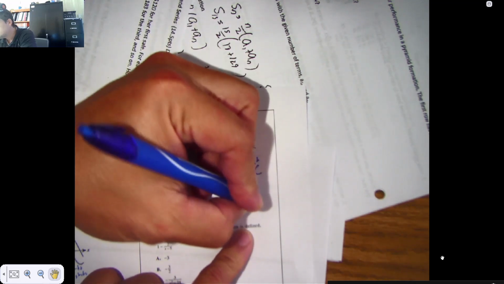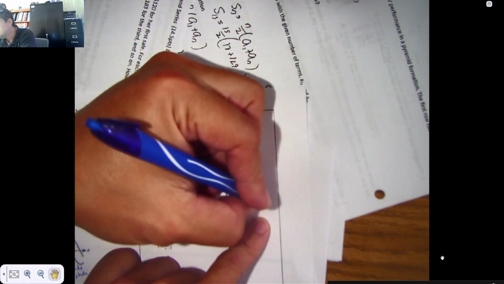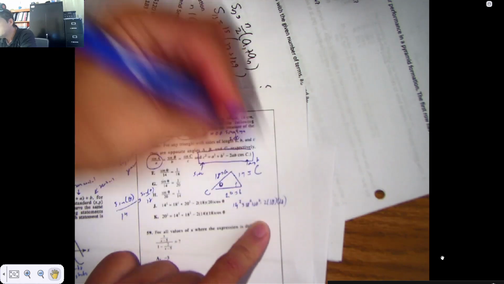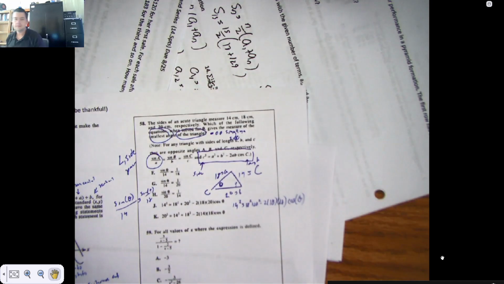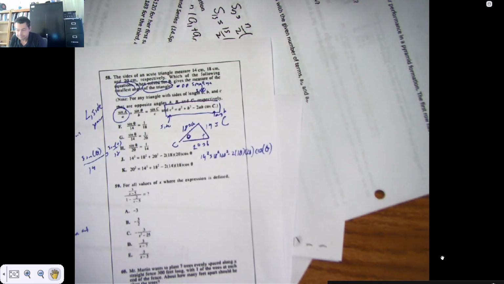You would say 14 squared equals 18 squared plus 20 squared minus 2 times 18 times 20 times the cosine of theta, because that's what angle C is. It's called theta. So it's actually a really easy problem. You just plug in the formula and go with it. If you understand law of cosines, which was a geometry standard, it takes you 5 seconds to do it. If you didn't understand law of cosines, well, I don't know what you're doing in Algebra 2.